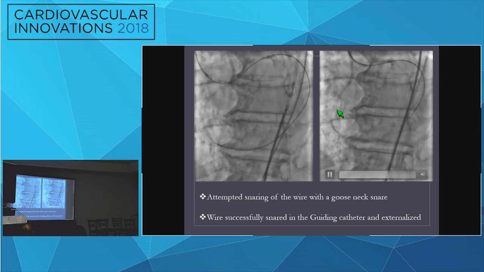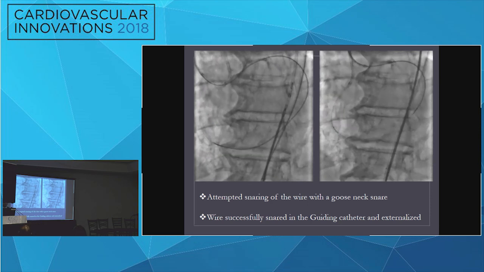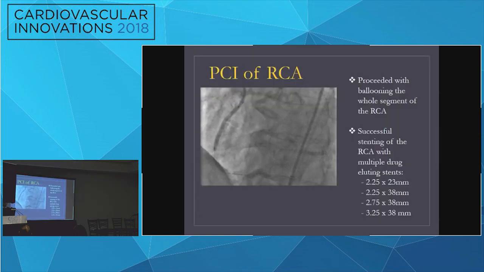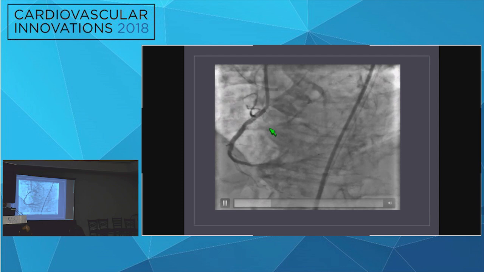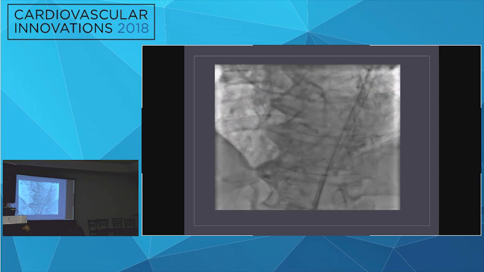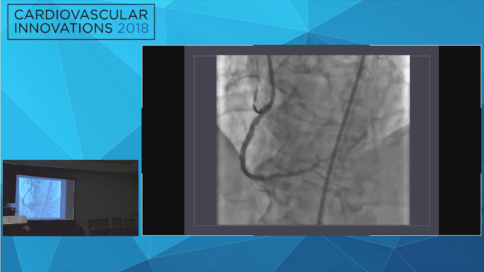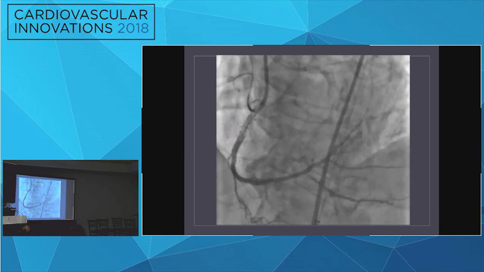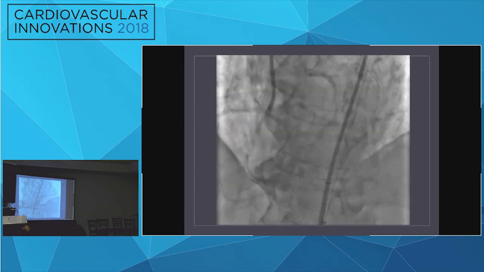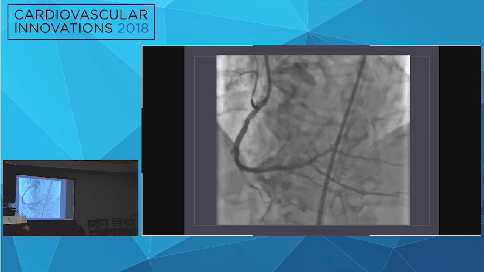After that, the procedure went really smooth. We serially dilated the whole segments of the right coronary artery. Then we were able to deploy 4 drug-eluting stents without losing any side branch with TIMI-3 flow. And we didn't jail any of the acute marginals or septal branches. As you can see, all the PLVs, the PDA with TIMI-3 flow.